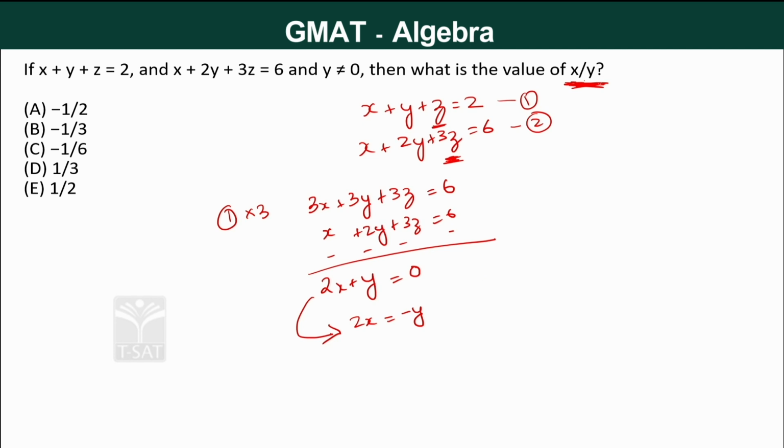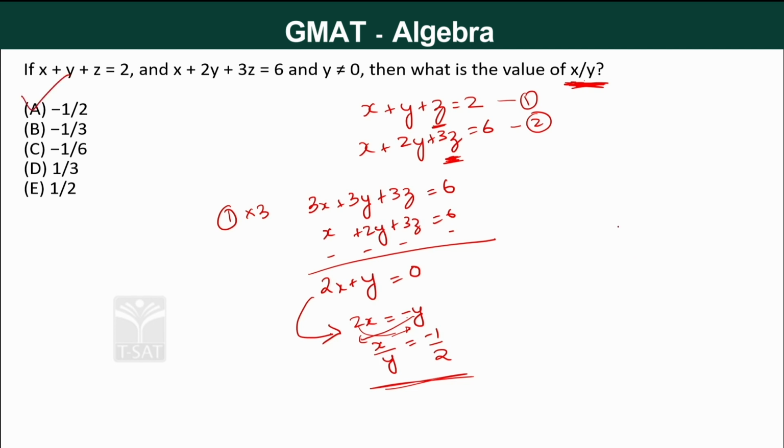Here they are asking us for x by y, so we can divide: x by y is equal to minus 1 by 2. We took 2 to the denominator here and y to the denominator on the other side. So x by y is equal to minus 1 by 2, which is option A, our answer.